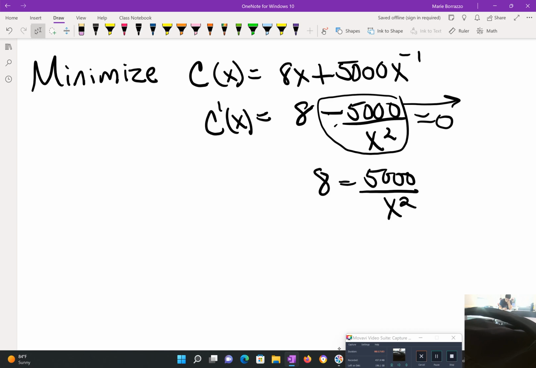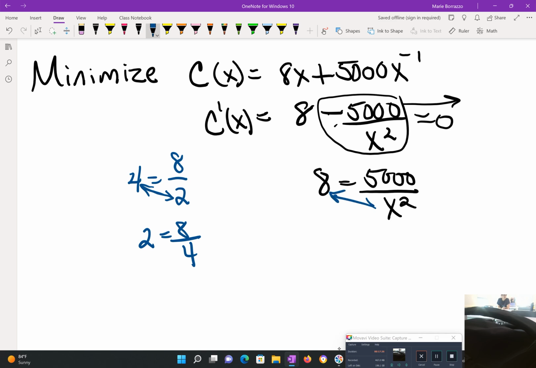In math, here's a little tidbit: when you have a fraction like this, like if I have 4 is equal to 8 over 2, do you know that I can simply swap these and they still mean the same thing? Where 2 is equal to 8 over 4. So technically you could have 5,000 over 8 equals x squared.